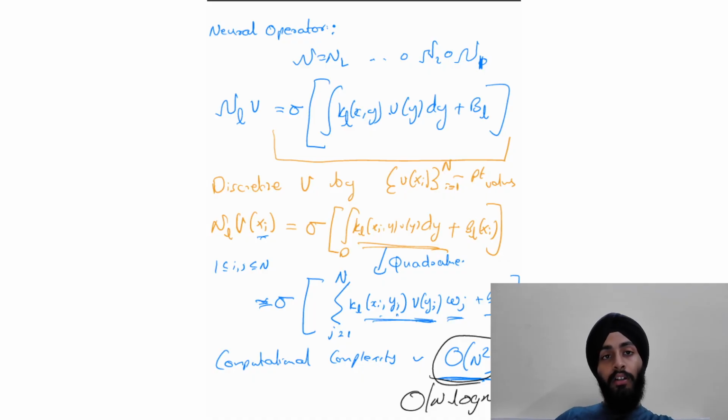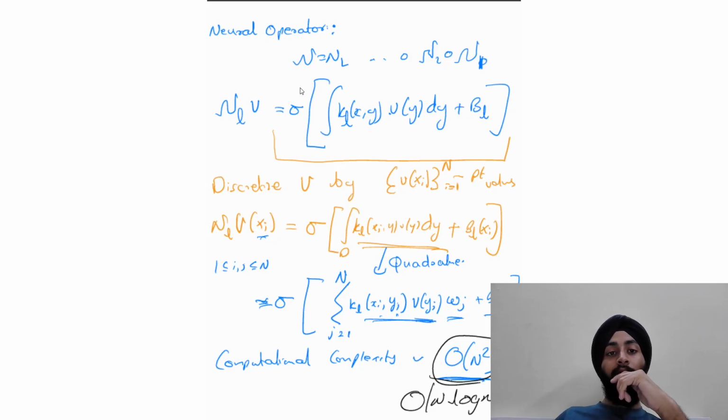So I have pasted this slide that I wrote on my tablet. What a neural operator essentially is doing is it is having these neural layers right here. These are not weight matrices in the general sense. The mathematics of it is a bit different.